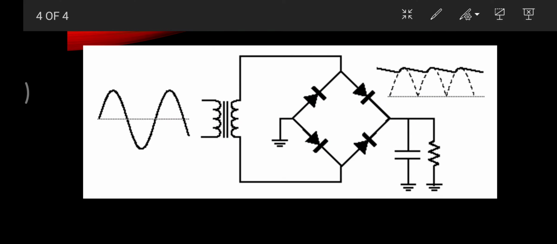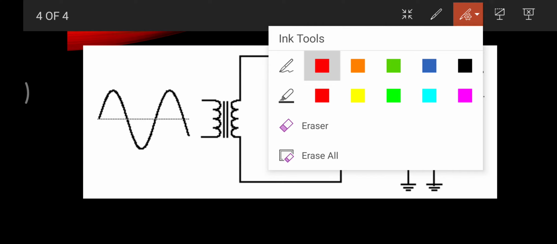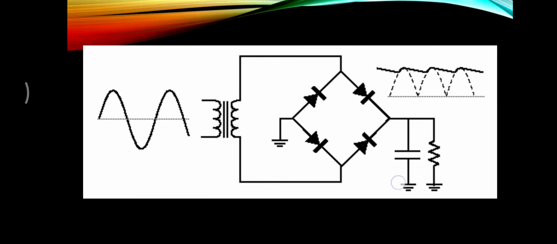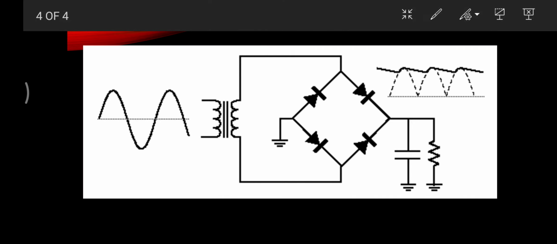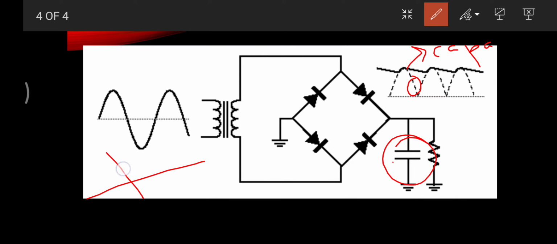You can see in the picture below that by adding the capacitor, it gets charged, and when the voltage starts dropping, the capacitor supports the load, and you get an output which still has ripples but less than the one we created through the half wave rectifier.